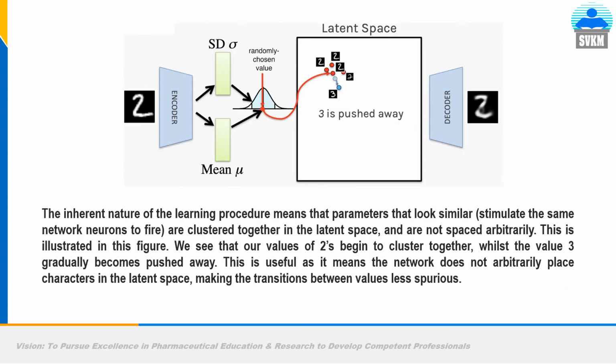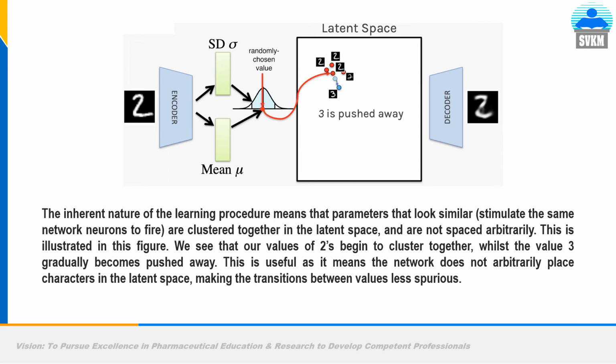Again I am reading here. The inherent nature of the learning procedure means that parameters that look similar stimulate the same network neuron to fire, and these are put together in the latent space and are not spaced arbitrarily.